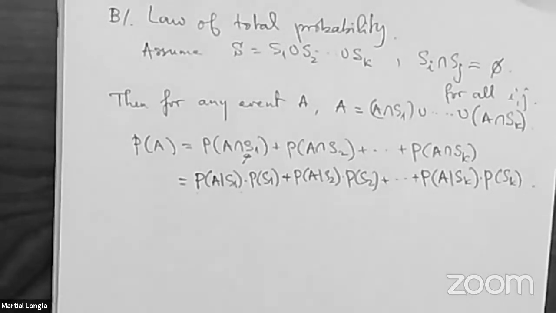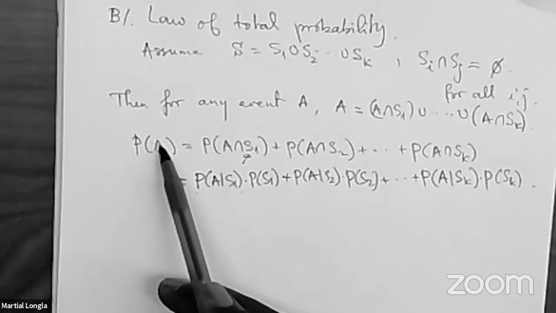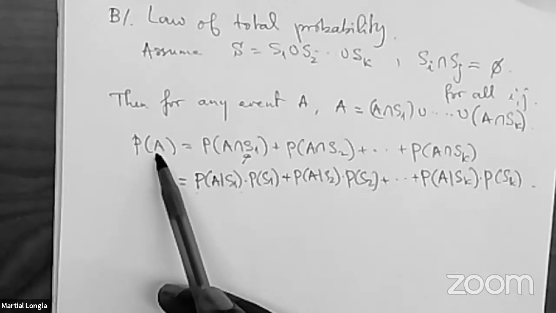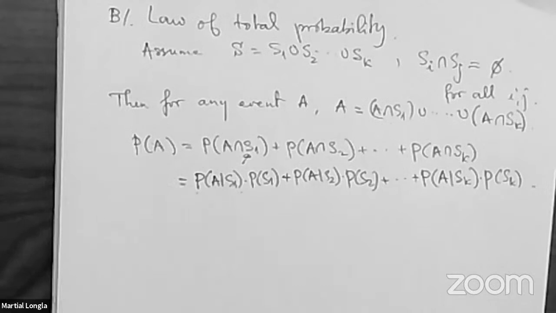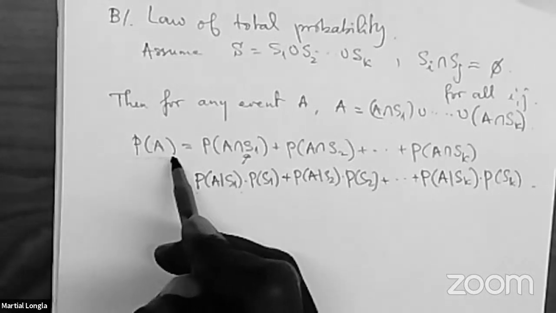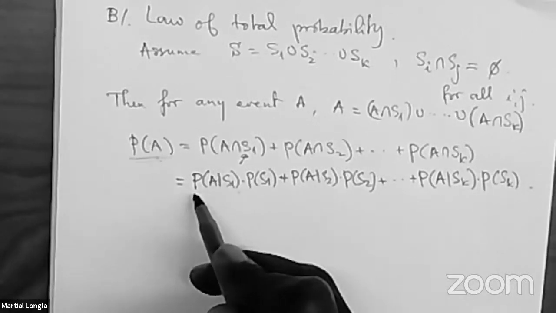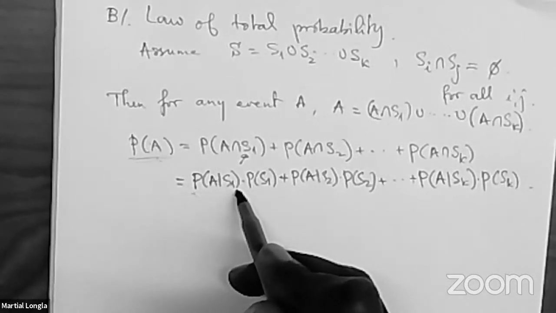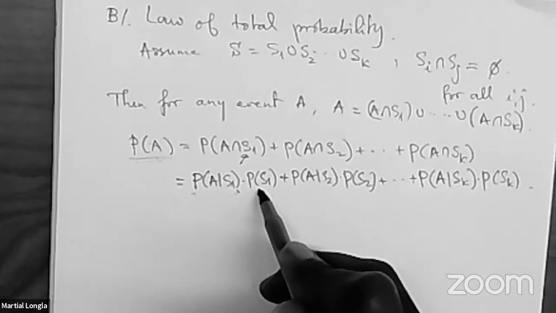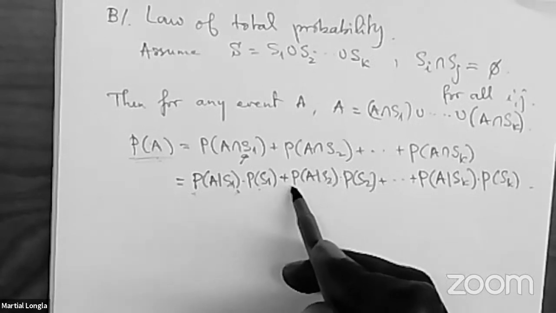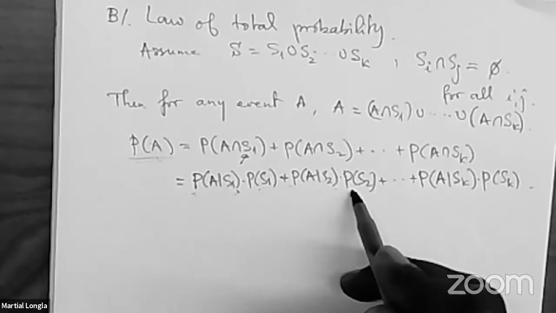So for example, if I get an item on the market, I want to find the probability that that item is defective. It can be defective coming from the first plant times the probability of the first plant. It can be defective coming from the second times the probability of the second.